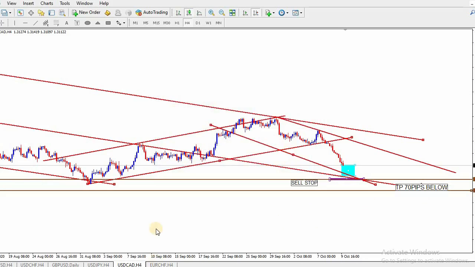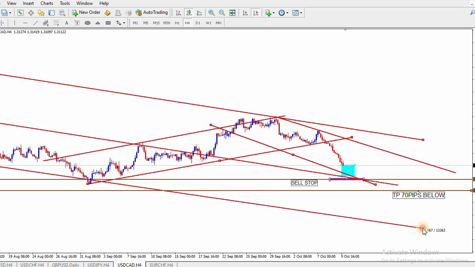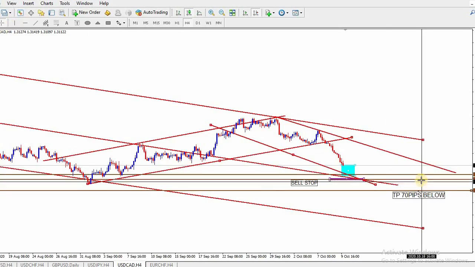Okay, that was a problem. So we place the sell stop here just underneath the midpoint, and a stop loss just above the midpoint.